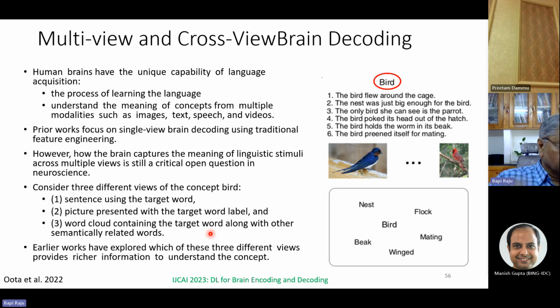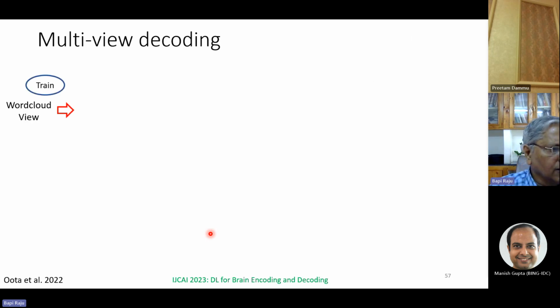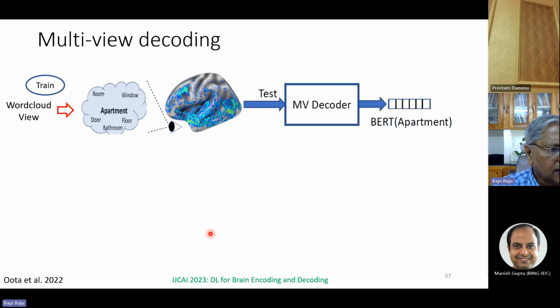Earlier works have explored which of these views provides richer information to understand the concept. For example, we looked at Pereira's results, and we saw that pairwise decoding accuracy, rank accuracy, for picture view was better. So what we are asking is a different question. Can we train a model with word cloud view and test it with other views, sentence view or picture view?